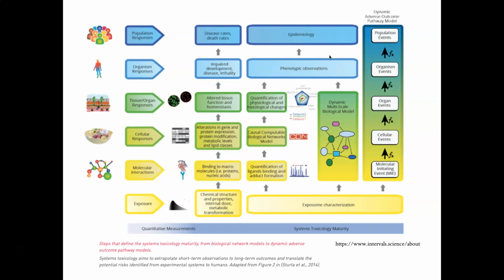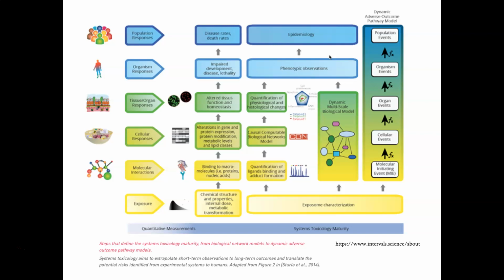They look at things like death rates and disease rates, impaired development, disease and lethality, altered tissues and their function and homeostasis, alterations in gene and protein expression, protein modification, metabolic levels and lipid classes, binding to macromolecules, chemical structure and properties, internal dose, metabolic transformations.